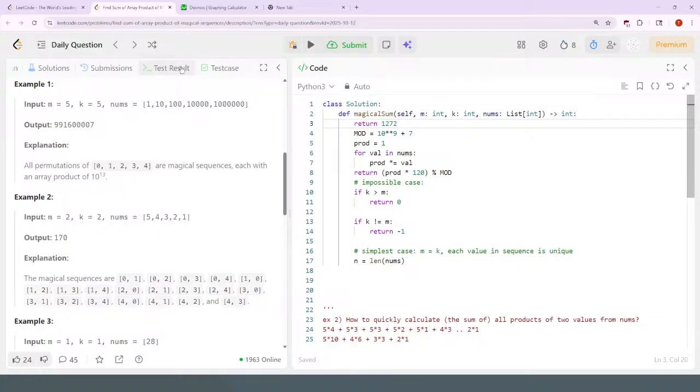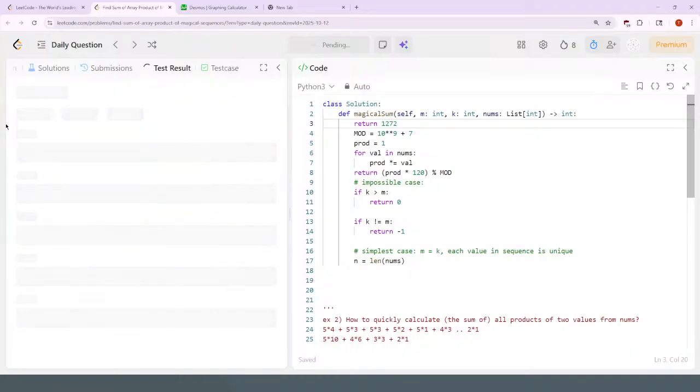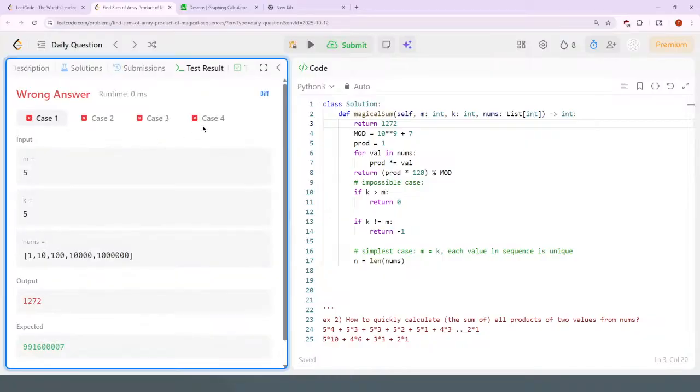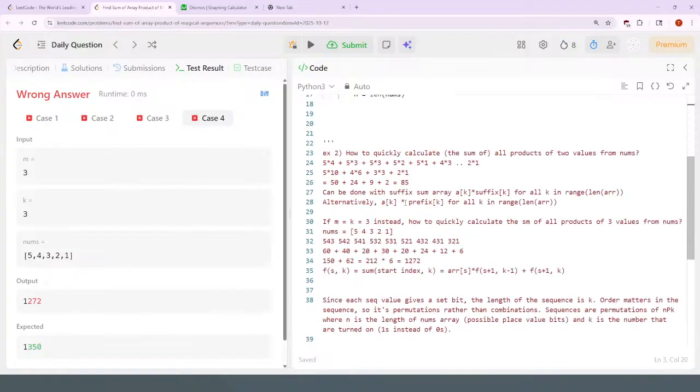Test case. Say it's 3, 3. Hopefully this is correct. Oh, shucks. Did I miss something? My number is less than what it should be.